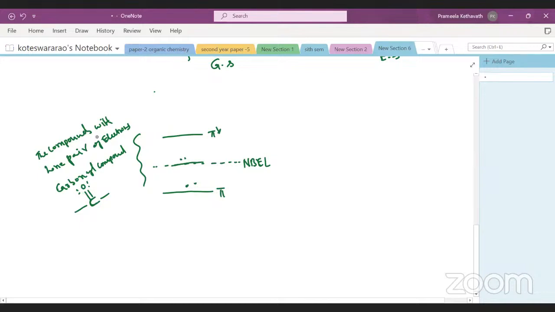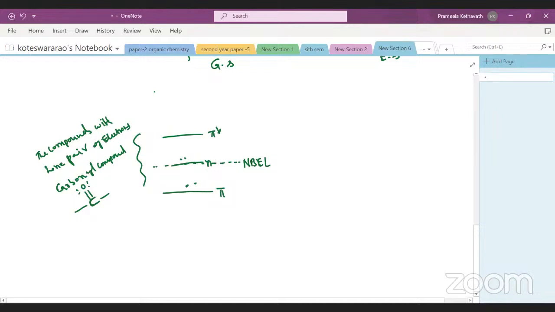Therefore, they get easily excited. If you see the energy gap, when you compare the pi and pi star energy levels, the gap between pi and pi star is more, but the gap between n and pi star is less.